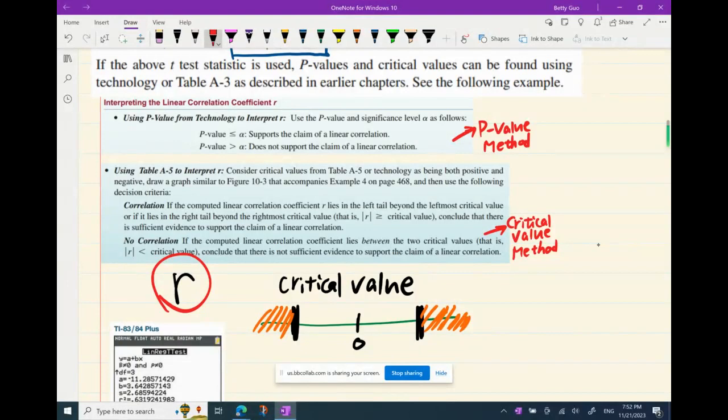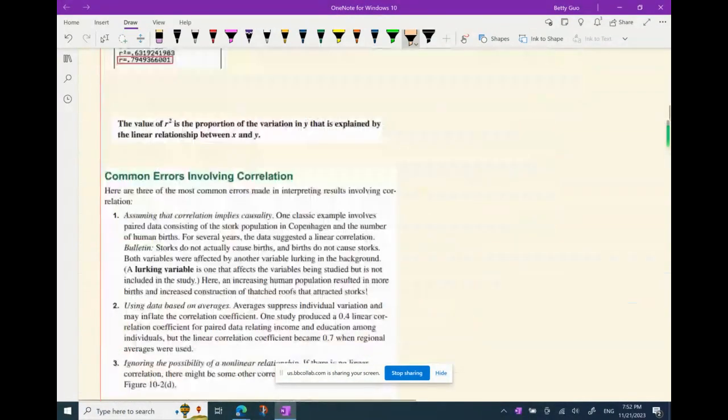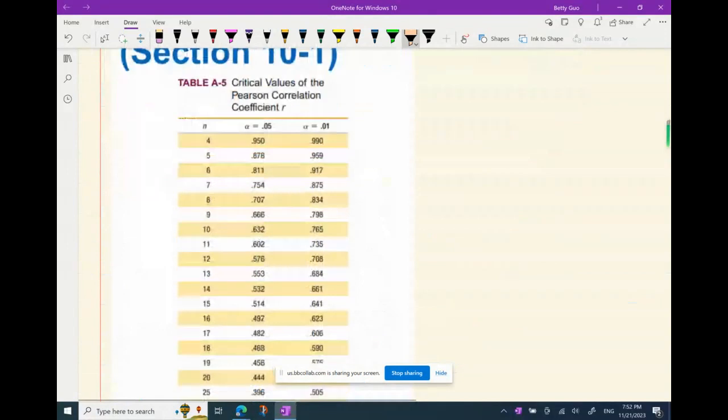If R falls in the blank region, then we fail to reject the null. If R falls in the shaded region, then we reject the null because the rare event occurs. And how do we find the critical value? We use the table. The table is normally given in the question.